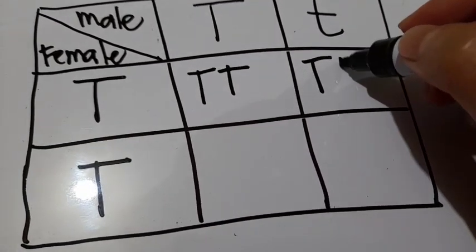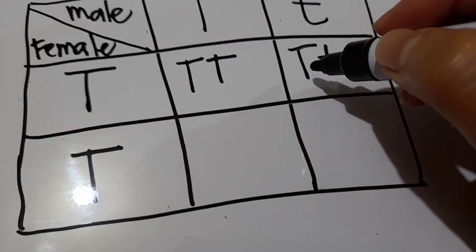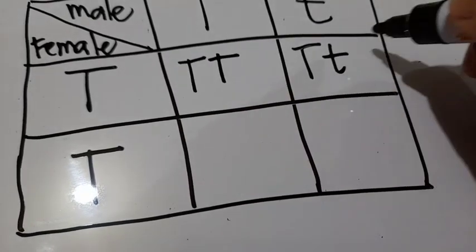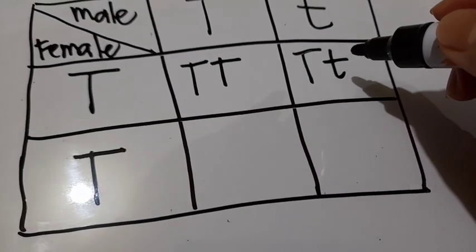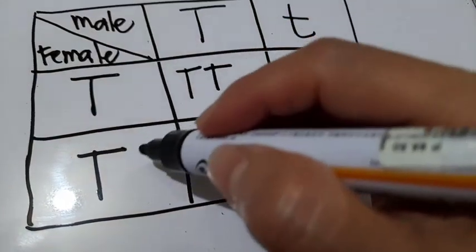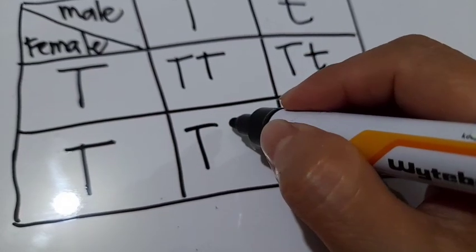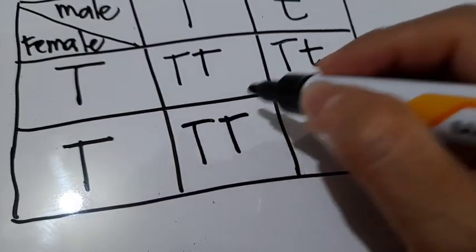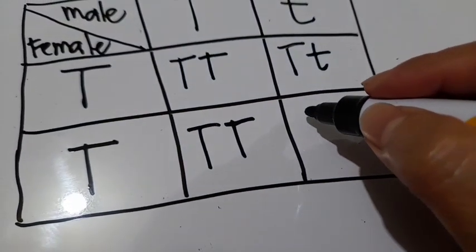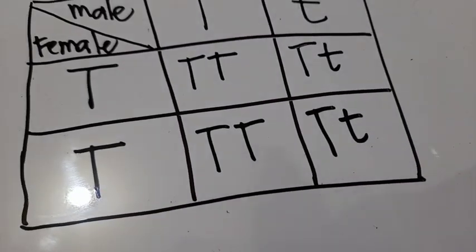So this is another tall, because if the dominant factor is present, it follows that the phenotype is also dominant. Then the third one, number 2 with number 1, this is also tall. And the fourth offspring, number 2 paired with number 2, this is another tall.